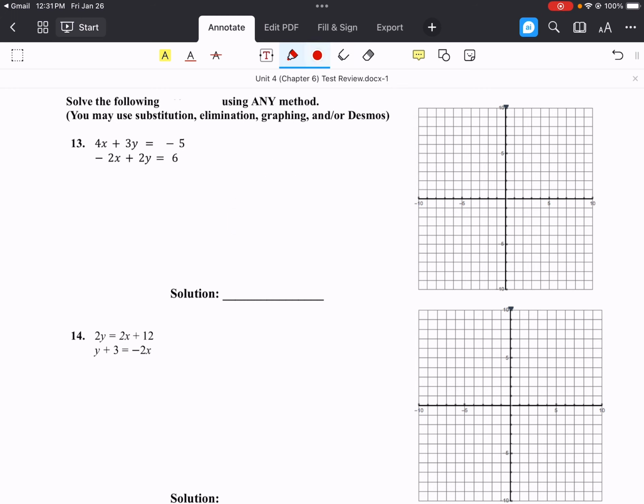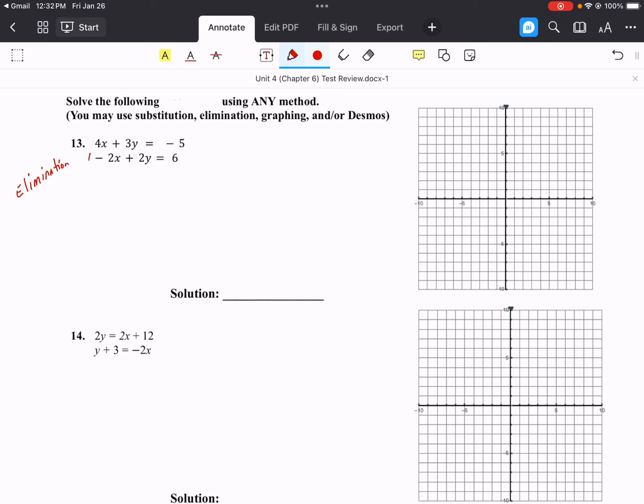So question 13 says 4x plus 3y equals -5 and negative 2x plus 2y equals 6. If I were going to solve this one, I would probably use elimination. And in order to use elimination, I'm going to try to get the x variables to cancel.